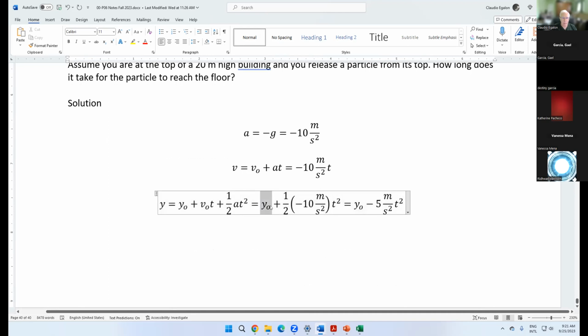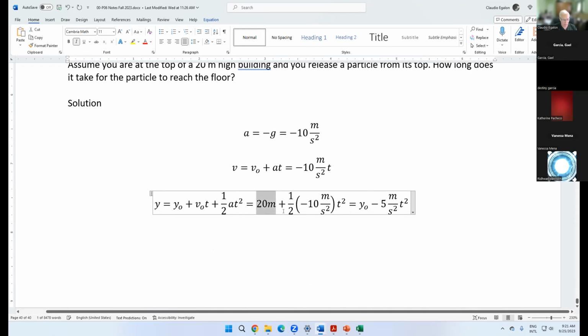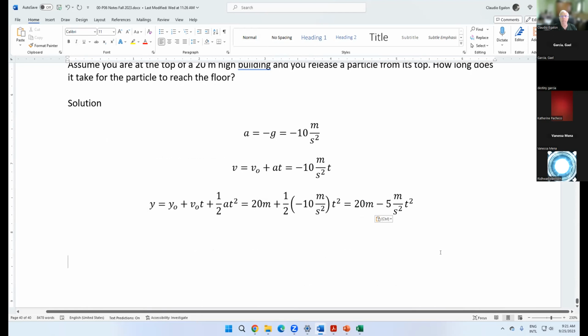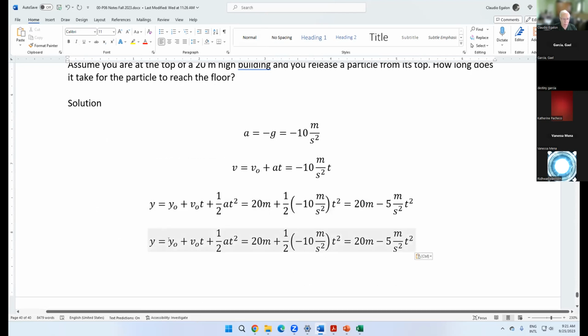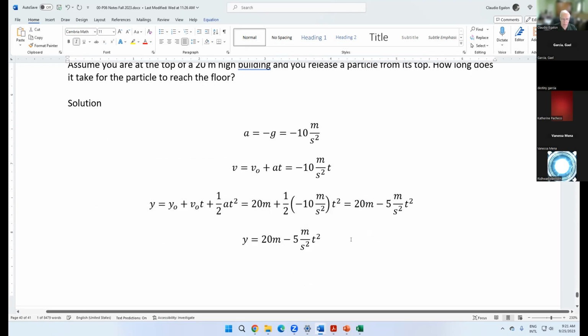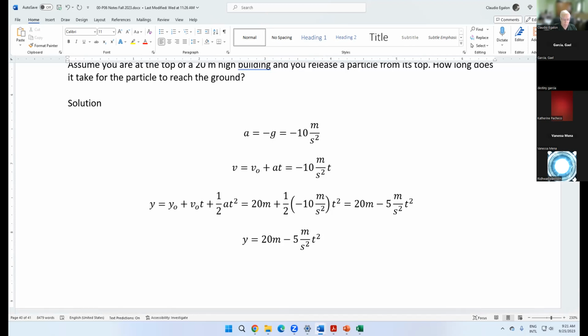Okay, here becomes 20 meters now. And we have this equation now for the position. Reach the ground, not the floor, but the ground, right? At y equal to 0. The ground is set at being at y equal to 0.